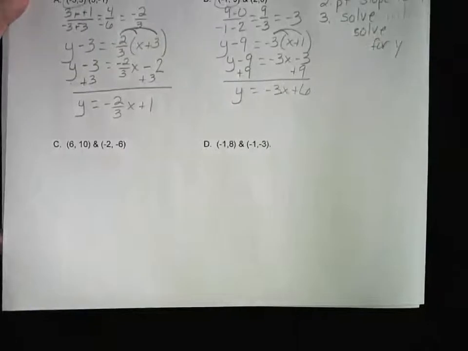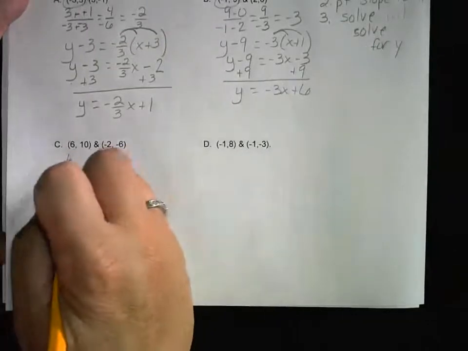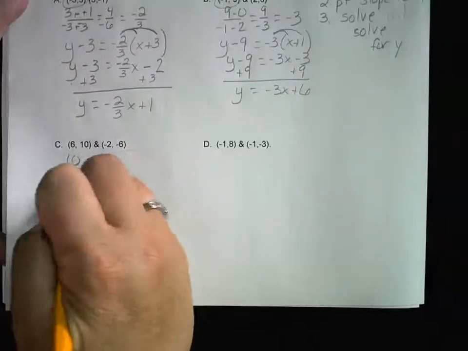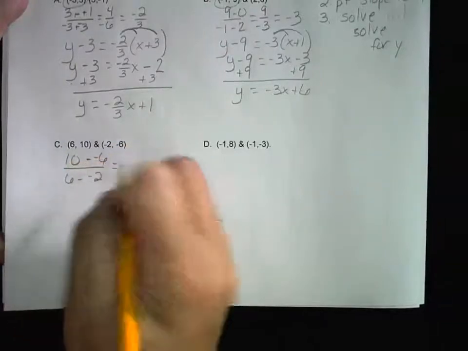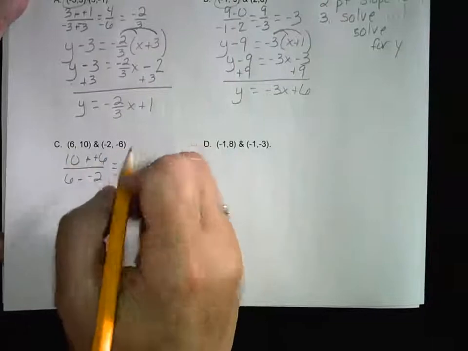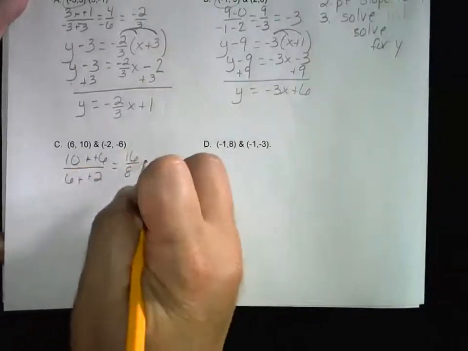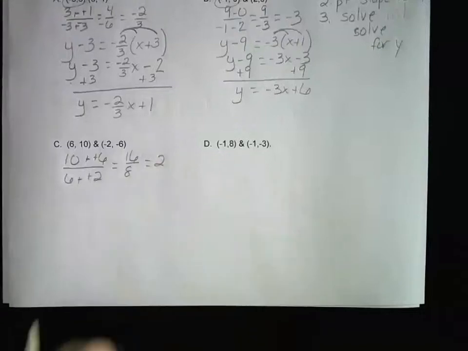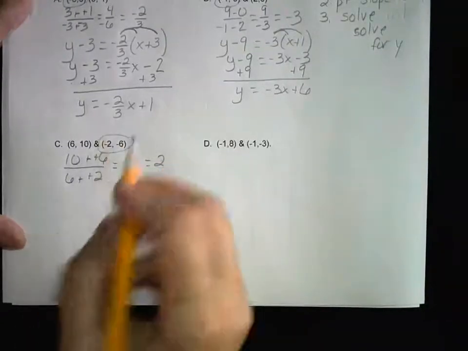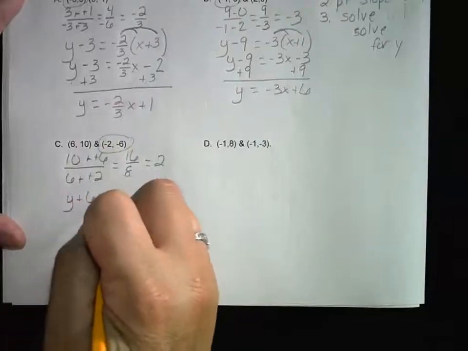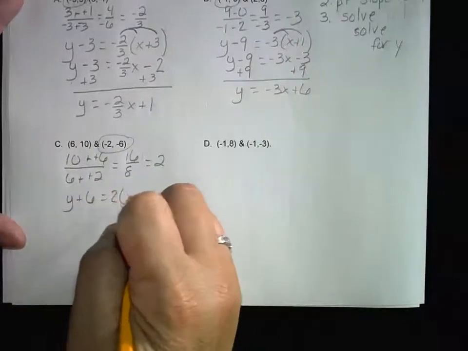Number 6, 11 minus a negative 6 over 6 minus a negative 2. That becomes 16 over 8, which is 2. Doesn't matter which point you pick. I'm going to pick the second one. Y plus 6 equals 2 times x plus 2.